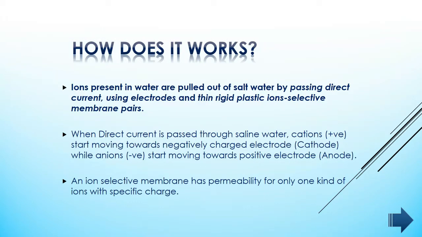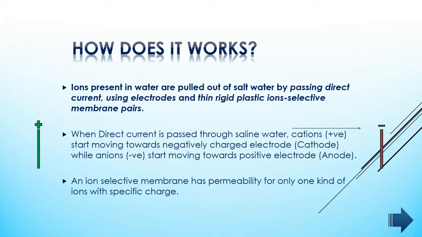So two separate principles are used to remove ions from water. First one, where direct current is passed through saline water using electrodes, thereby positively charged ions, that means cations, will get attracted and start moving towards negatively charged electrode, that is cathode.